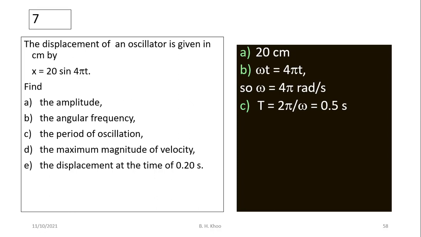Maximum magnitude of velocity. How to calculate maximum magnitude of velocity? Use a formula for circular motion. Same thing as circular motion. The radius is the amplitude.